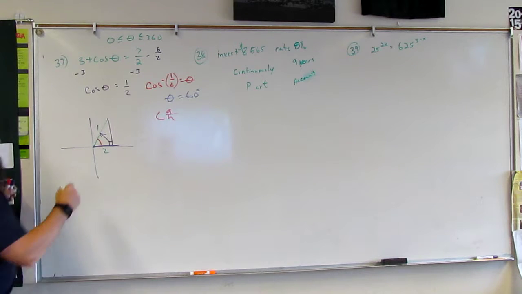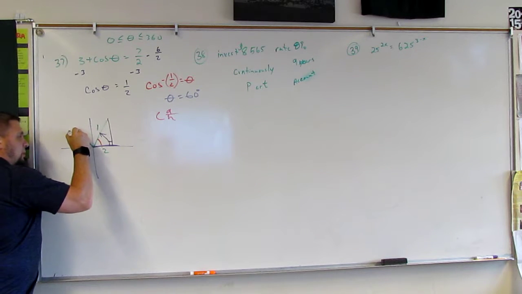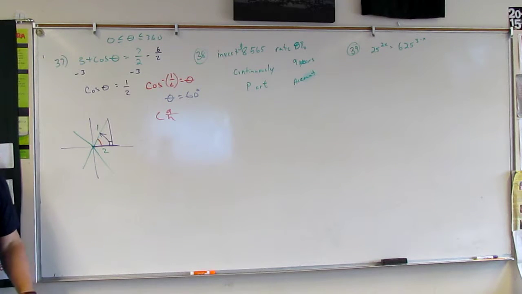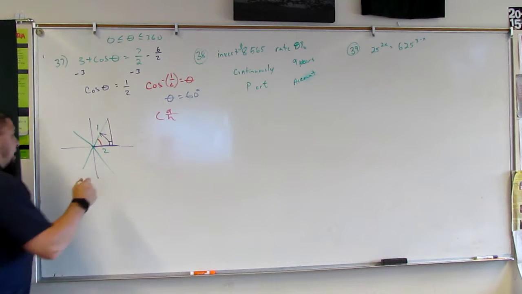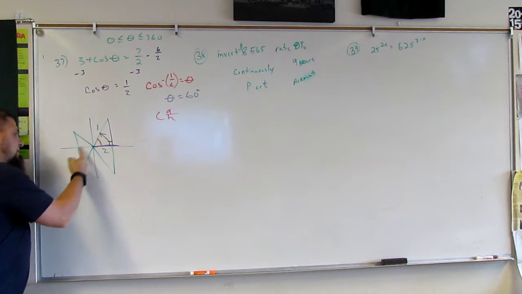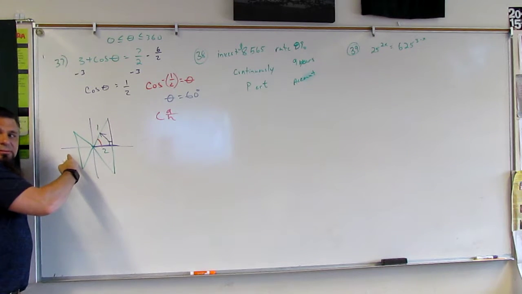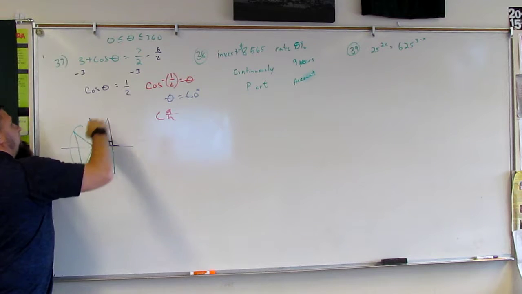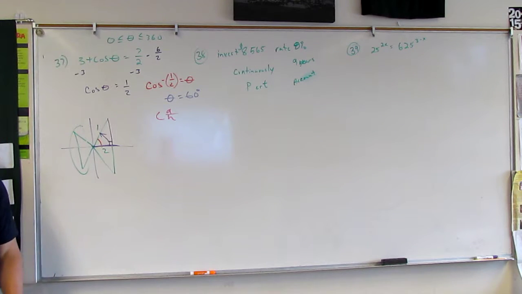So even if it were this angle, or this angle, that's positive. But what about the lengths? Is this a negative length? A negative and a positive make a negative. So these would be all negative halves.